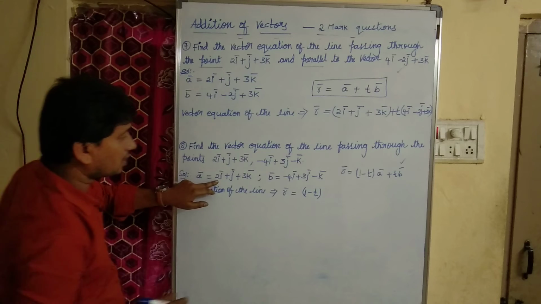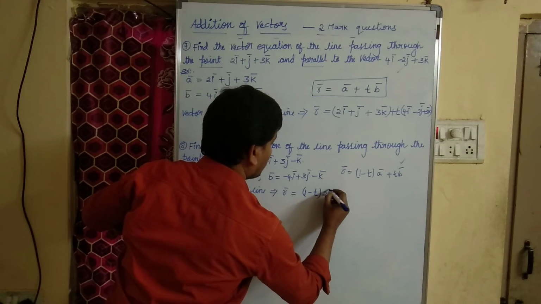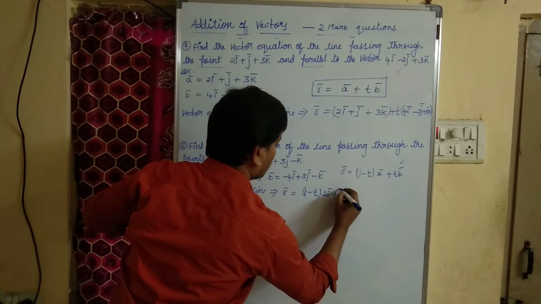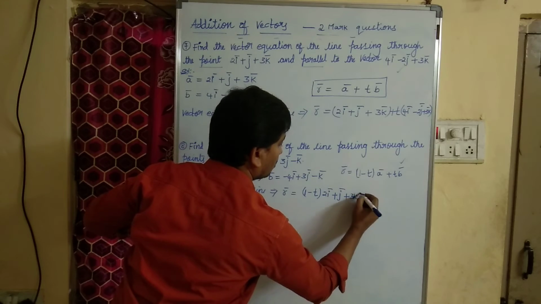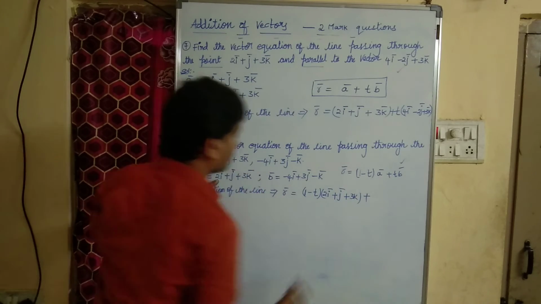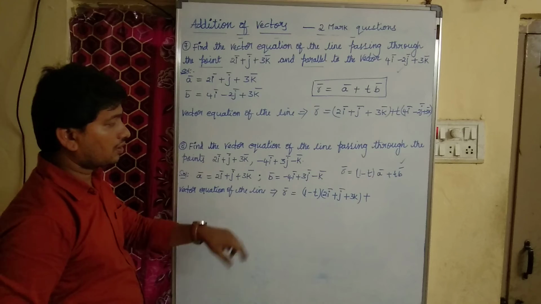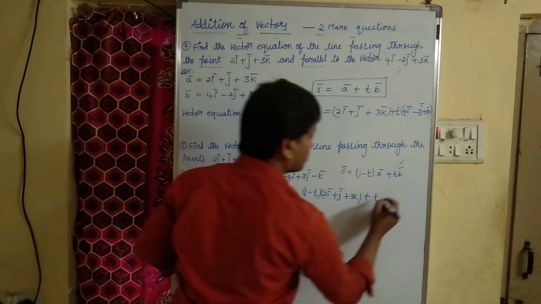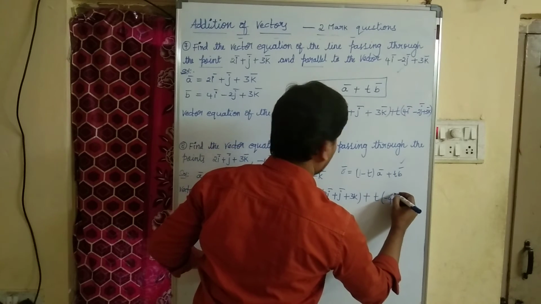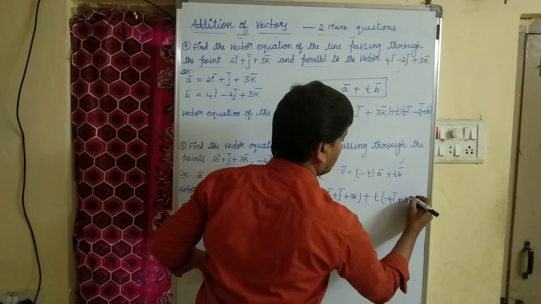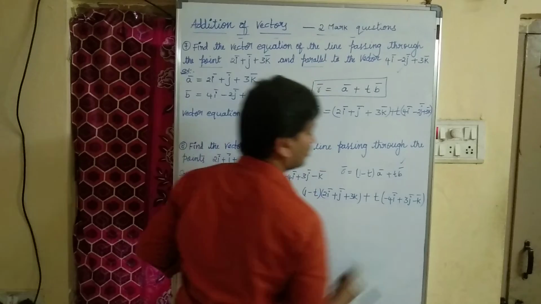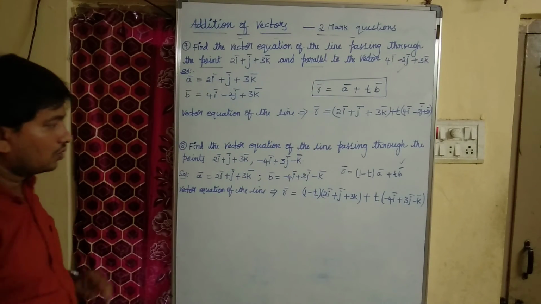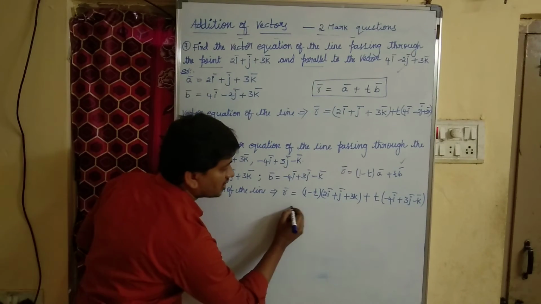What is a bar here? a bar is 2i bar plus j bar plus 3k bar, plus t b bar. What is b bar? b bar is minus 4i bar plus 3j bar minus k bar. Now listen here children carefully.